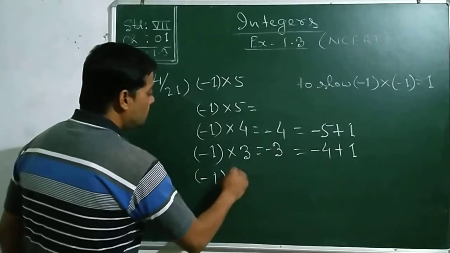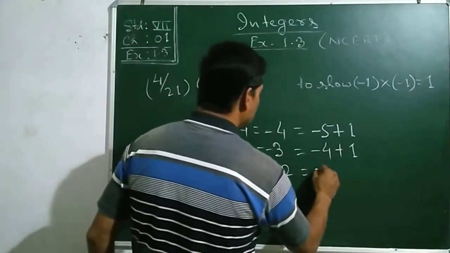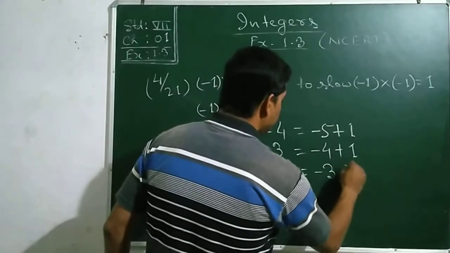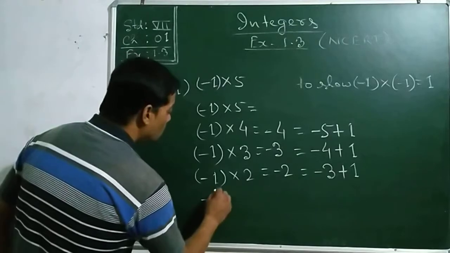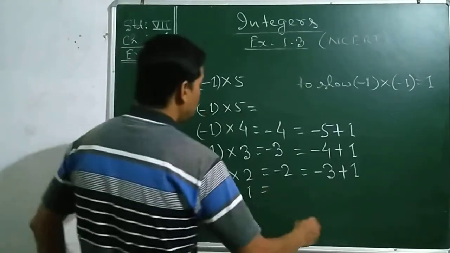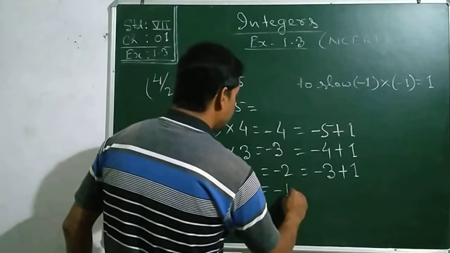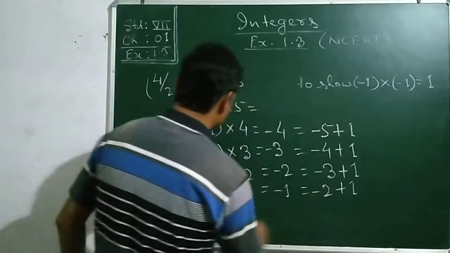Minus 1 into 2 equal to minus 2 equal to minus 3 plus 1. Minus 1 into 1 equal to minus 1 equal to minus 2 plus 1.